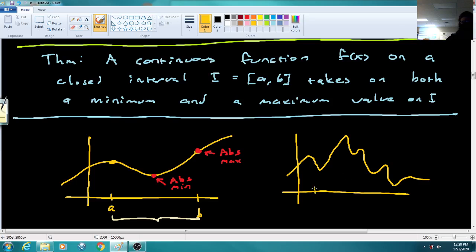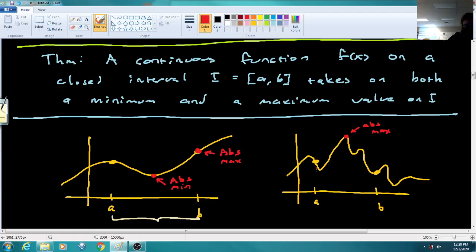And we say, okay, a is here, b is out here. a's y value is about right here. b's y value is there. We'd say, okay, this is continuous, so we're guaranteed a max and a min. The largest y value looks to me like at the tip of this peak. I think that's the absolute maximum.